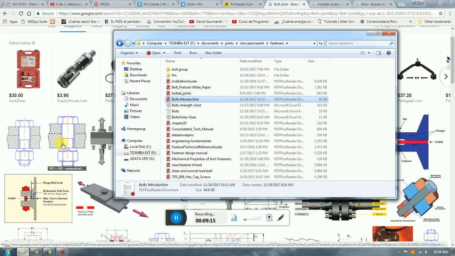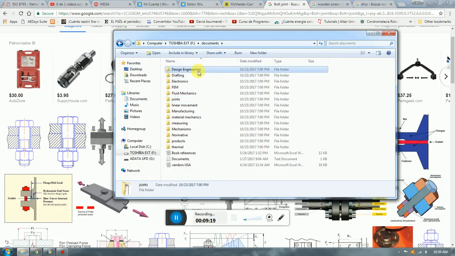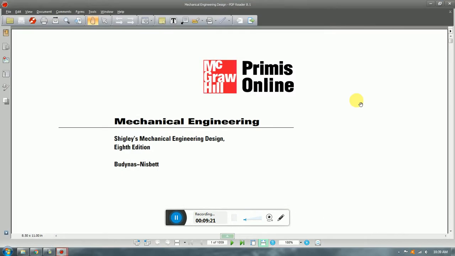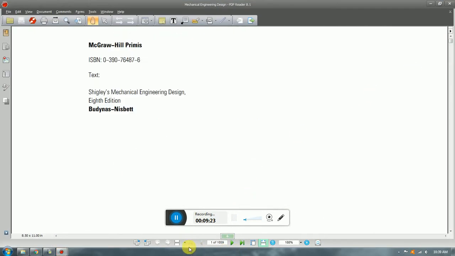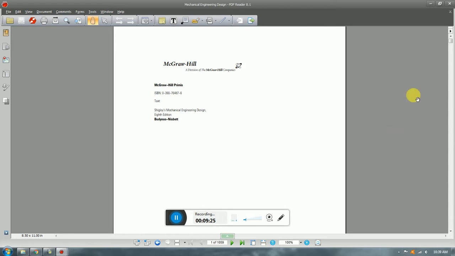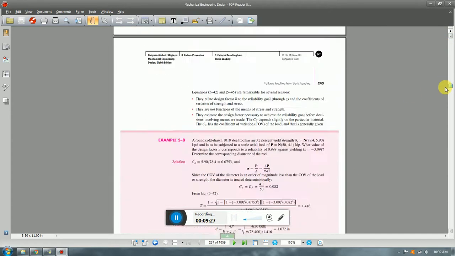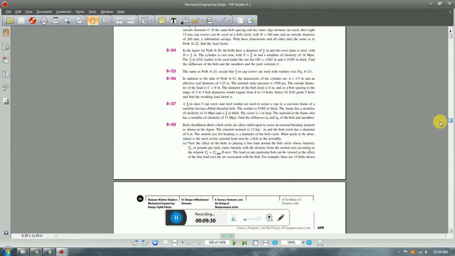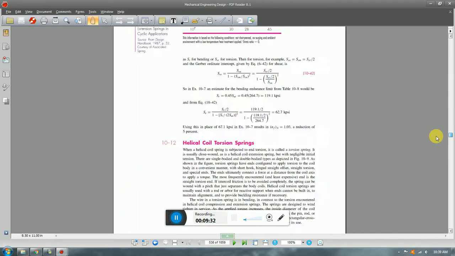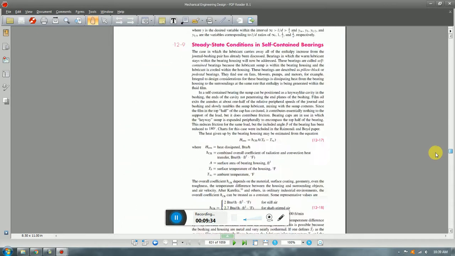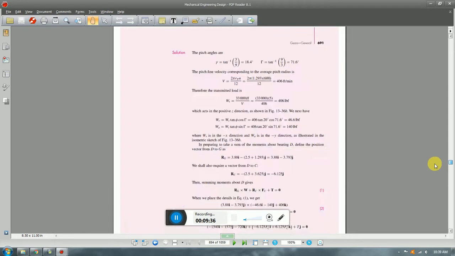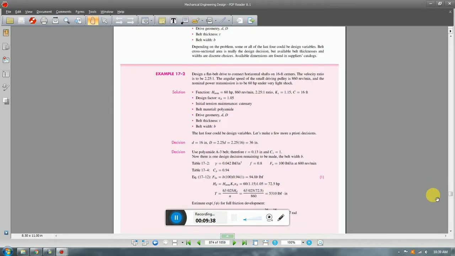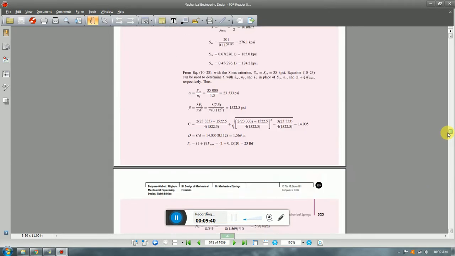And we're going to see that in this book. You're going to see that better. We're going to see the two examples. Oops, I think I went too far.